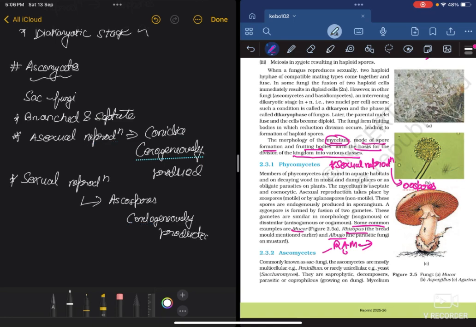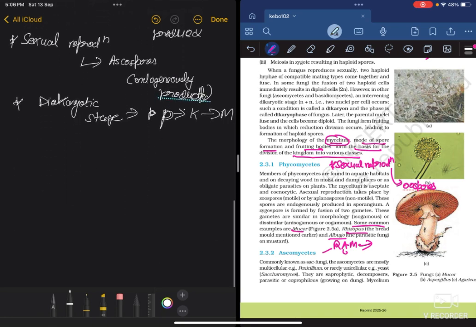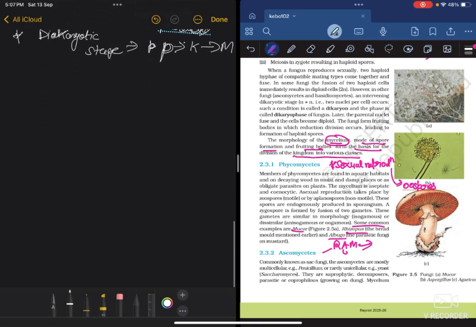Here the dikaryotic stage is present, that is the sexual cycle of fungi: plasmogamy, karyogamy, and meiosis. PKM. You can remember this as a mnemonic if you want to.